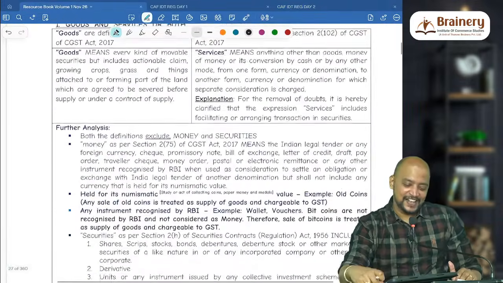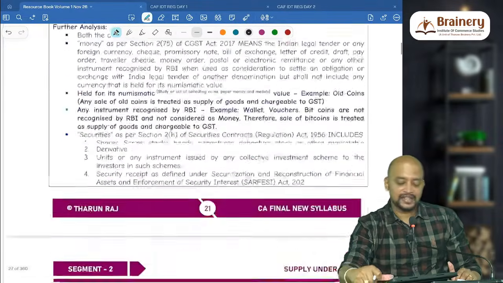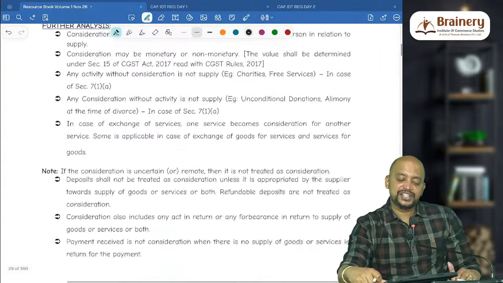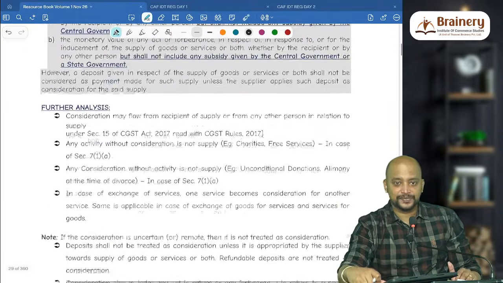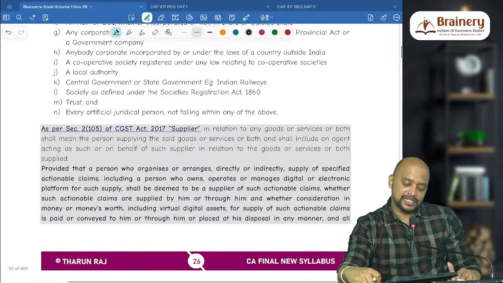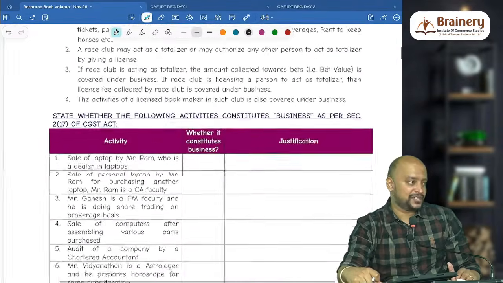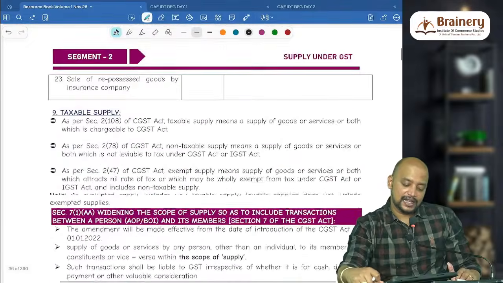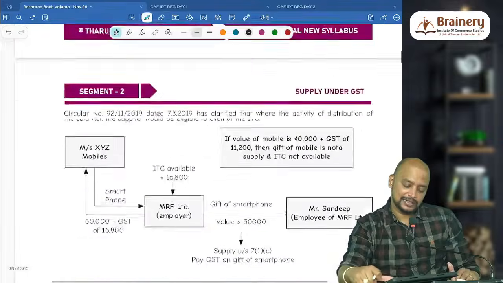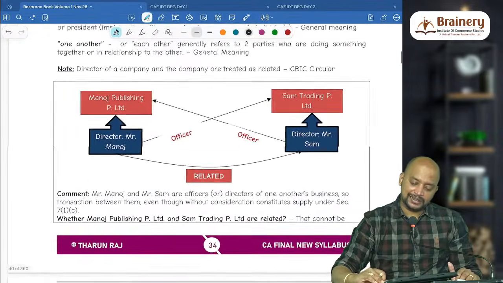Expected. Page number 21 you have meaning of goods and services. Then page number 23 you have the meaning of consideration. And thereafter page number 27 you have business definition, and next related definition is in page number 34.